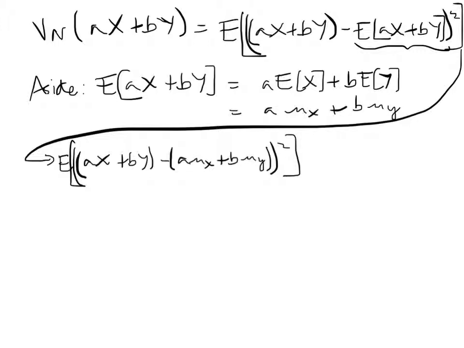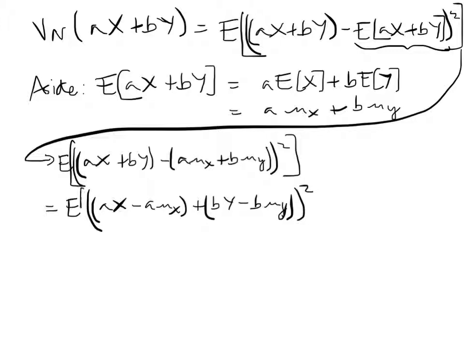And now let's group things. This is equal to expectation of ax minus a mu x plus b y minus b mu y. That whole quantity needs to be squared. So let's group again one more time.